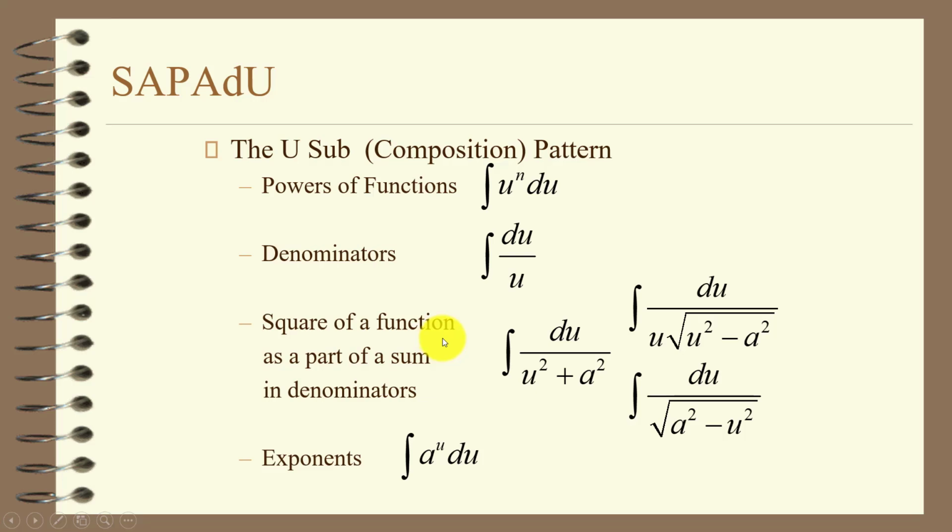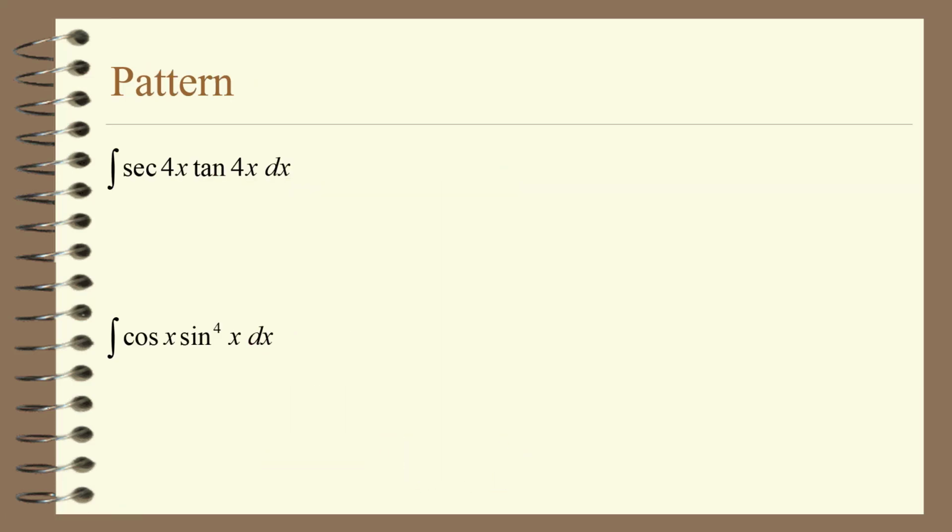If instead the denominator has a sum or difference of squares, you want to make u be the function that's squared as part of that sum, because you might convert the integral into one of these three. If you see an exponent that's a function, then you might want to try u as that exponent, because you might get this integral. Let's try a few of them.